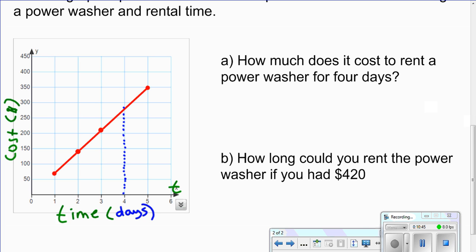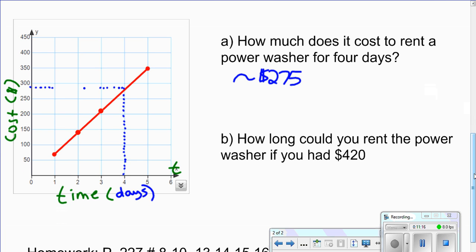And so at 4 days, it's going to be somewhere between 250 and 300. So if we say it's approximately maybe 275. Approximately $275 or $280 or somewhere in there, okay? We're interpolating, so it's not going to be exact. We're making a good estimate.